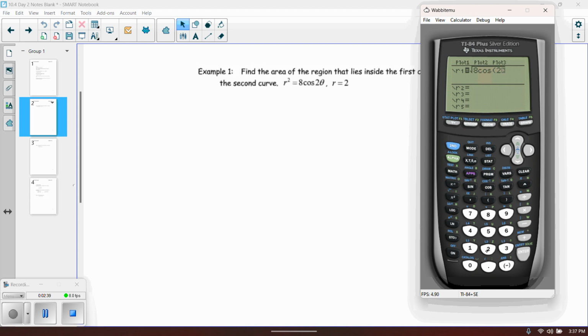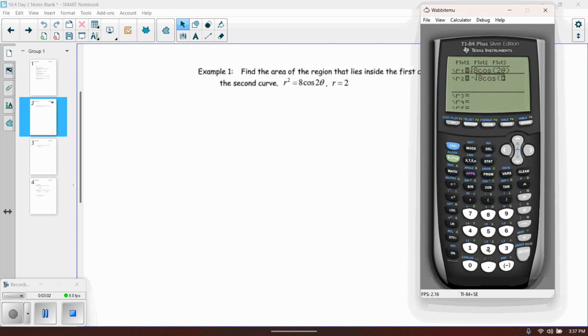And then we're going to graph r2 as the negative of the square root of 8 cosine of 2 theta.